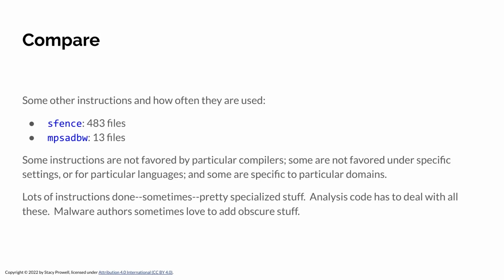There's lots of instructions that do pretty specialized stuff. And whatever code you're going to produce, it has to deal with all this. Malware authors love to put some of this obscure stuff in there. I mean, a lot of them write C now, so they don't necessarily get it. But certainly they can put this obscure stuff in there to break your analysis because it doesn't cover these weird cases.